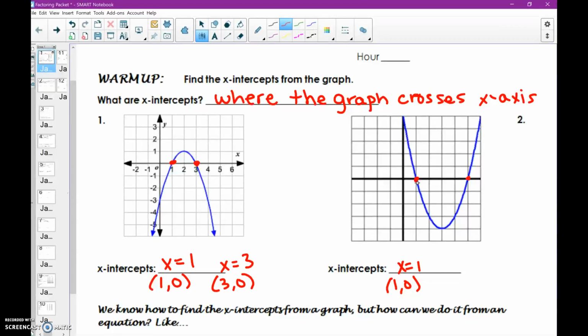Same thing here. X equals 5 right there, and x equals 1. So there's our x-intercepts. Hopefully easy stuff to remember. Hopefully this is something that's become a bit more ingrained in your brain at this point. Again, noticing that every one of these x-intercepts has a y value of 0.